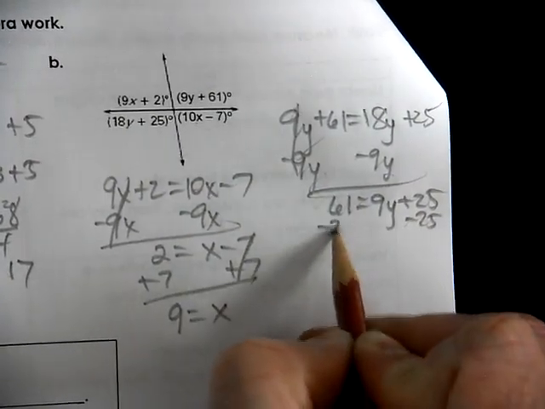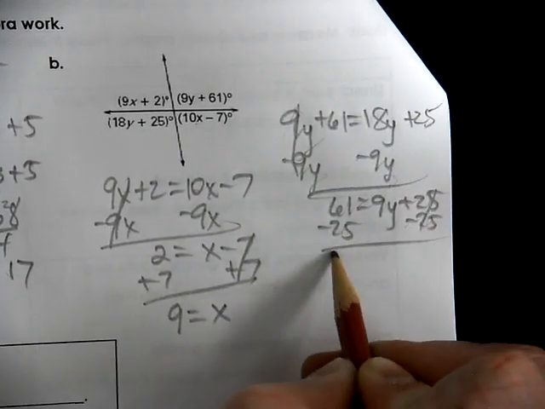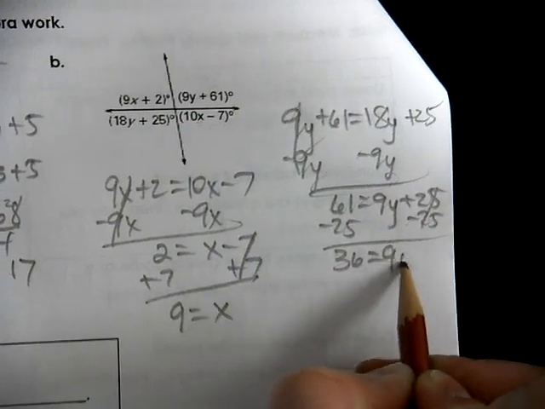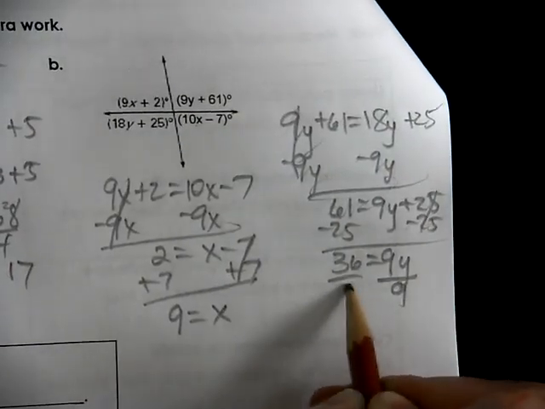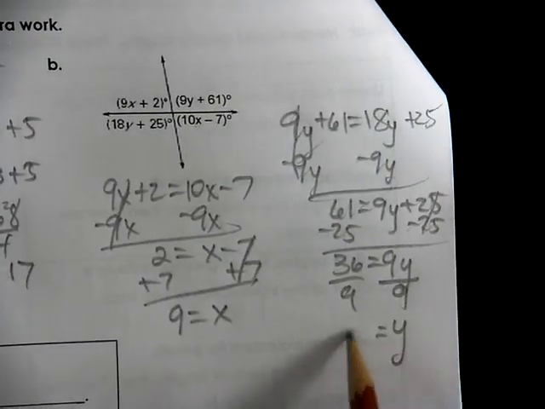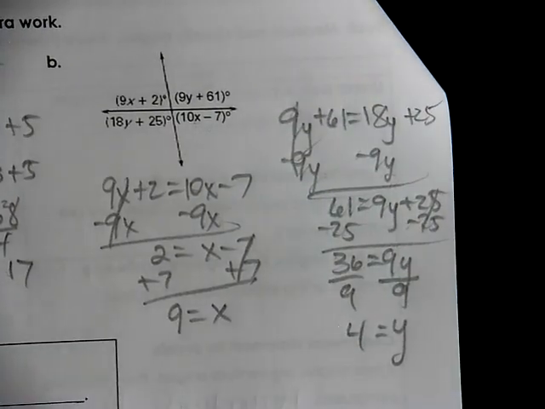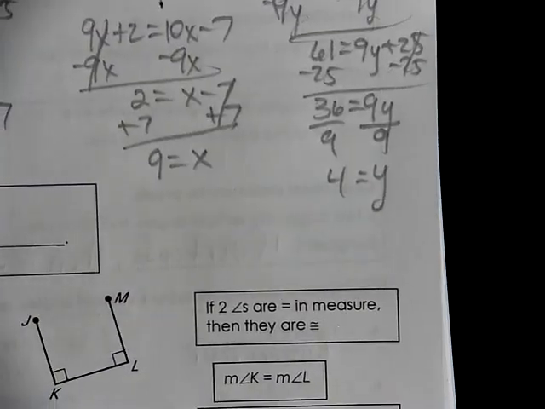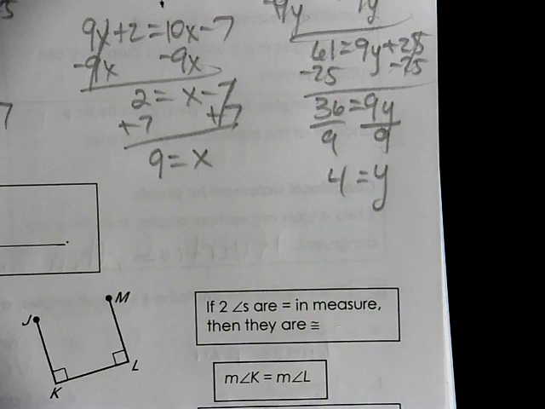Subtract my 25 from both sides. And divide by 9. And I've shown all my steps all the way through. That x equals 9 and y equals 4.